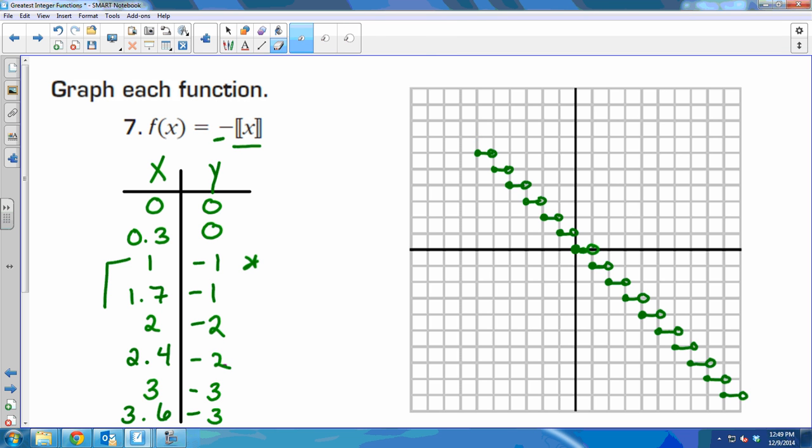You're not drawing an actual slanted line anywhere. It's not a linear function. You're just drawing a bunch of little stairs that aren't connected. That's why I said at the beginning it was called a step function or a greatest integer function. You should probably have like 4 or 5 steps.